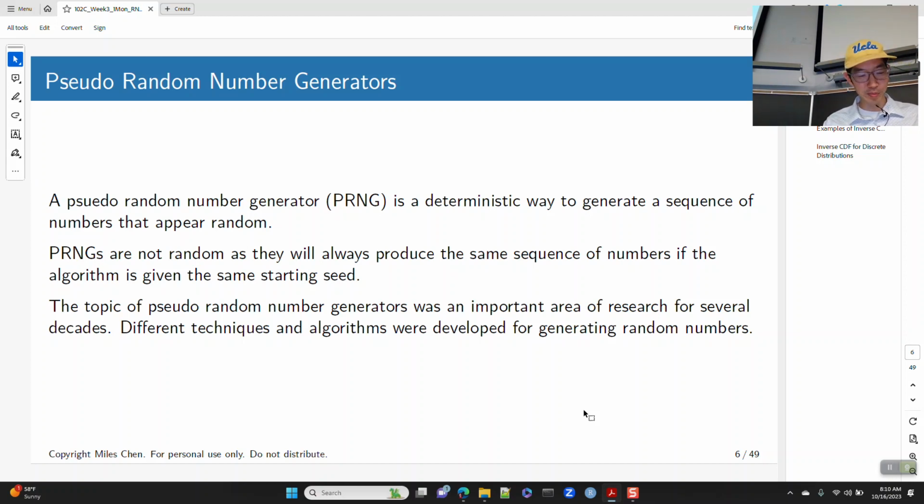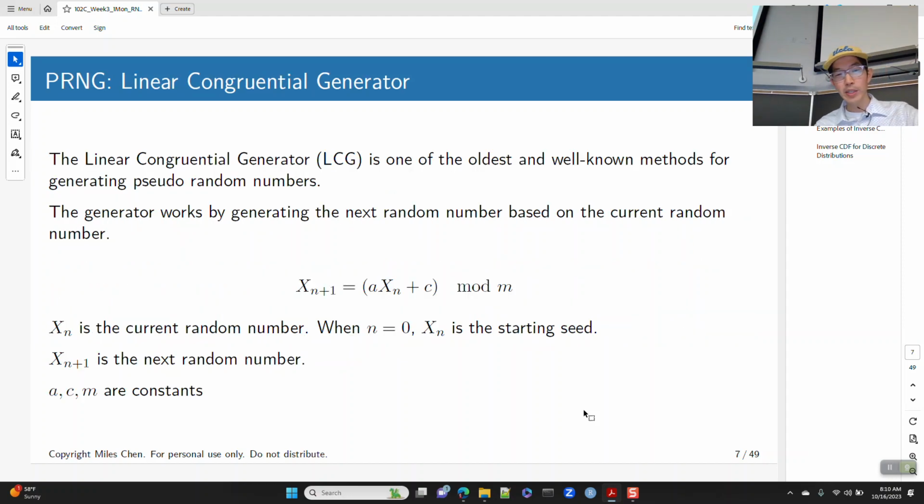So we have these different kinds of tests that we can run. And one of the classic methods for generating random numbers was the linear congruential generator. This was an old and well-known way for generating pseudo-random numbers.